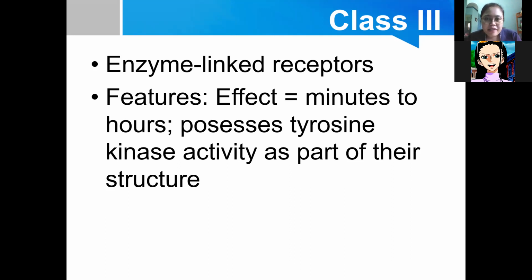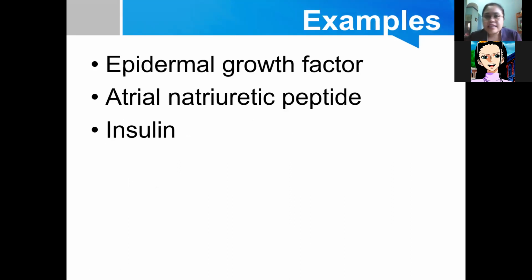before magkaroon ng effect. And since enzyme link siya, most of our class 3 receptors are linked sa tyrosine kinase. Mauna siya ang enzyme na na-link sa class 3 receptor, the tyrosine kinase. So naa siya part sa activity sa ato ang class 3 receptor. So examples of drugs.